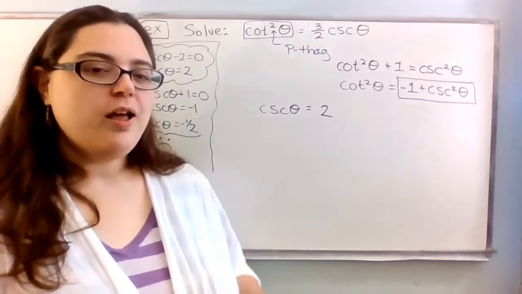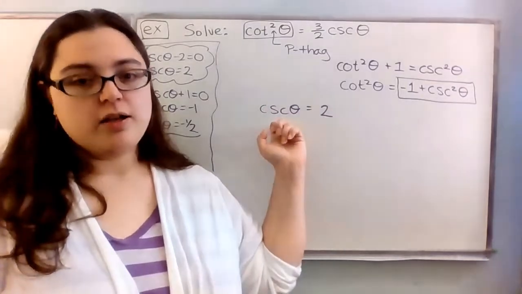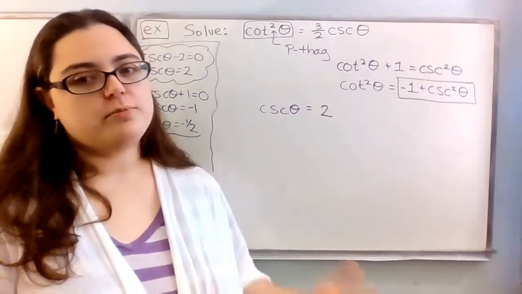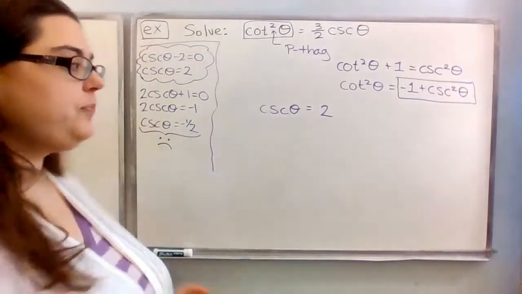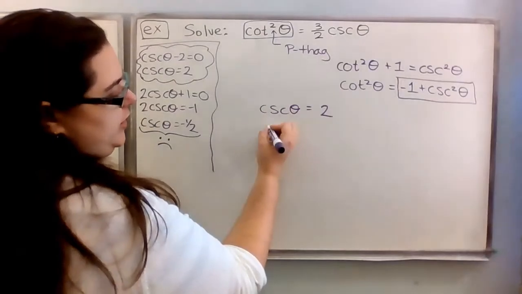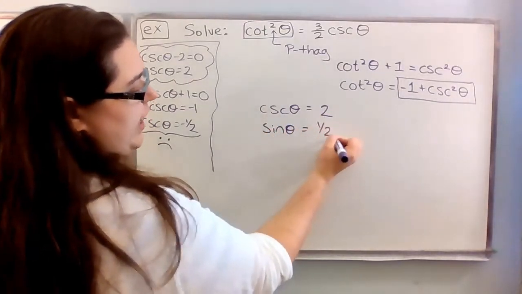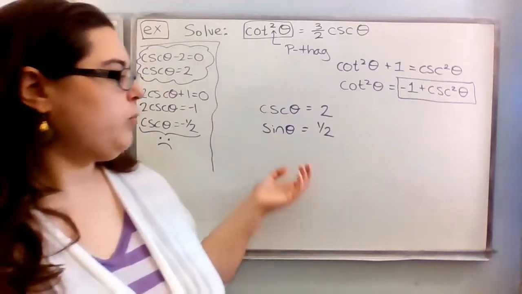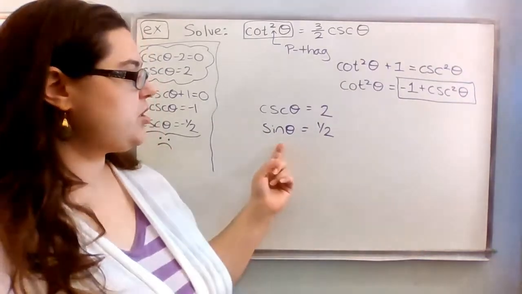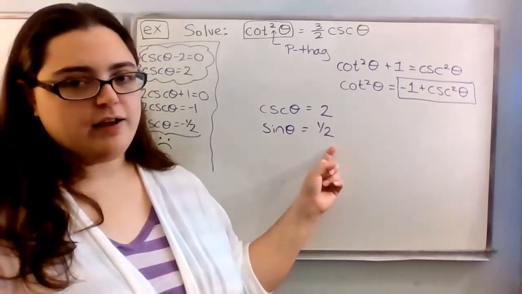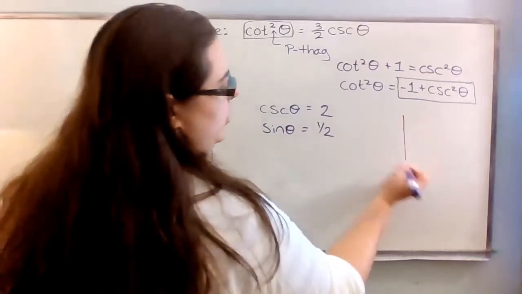If you have trouble, remember that cosecant is a reciprocal of sine. So if it's easier for you to think in terms of sine values, we can go ahead and write this in terms of sine. So the reciprocal of cosecant is sine, and the reciprocal of 2 is 1/2. So what we're looking for are all the thetas, all the angles, for which sine of that angle will give us 1/2.